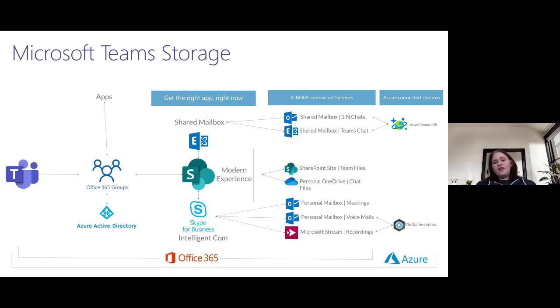But all of your communications are going to happen through both Outlook and then Stream. Okay, so anything that you had regarding your regular meetings, your voicemails, things like that are going to go in through Outlook and be stored there. When you do recordings of meetings, such as maybe even this one, those are going to get saved off into Microsoft Stream. Okay, and that's using the media services through Azure.